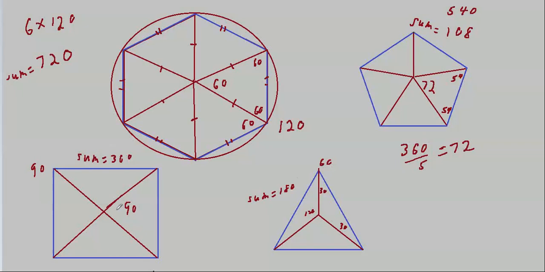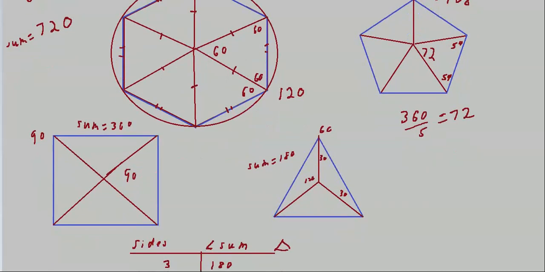Well, each of these angles is 360 divided by 4. That's 90. 180 minus 90 is 90. So each of these interior angles must be 90. And 4 times 90 is 360. And this, well, we already know. The sum of the angles in a triangle is 180. We've known that for a long time.